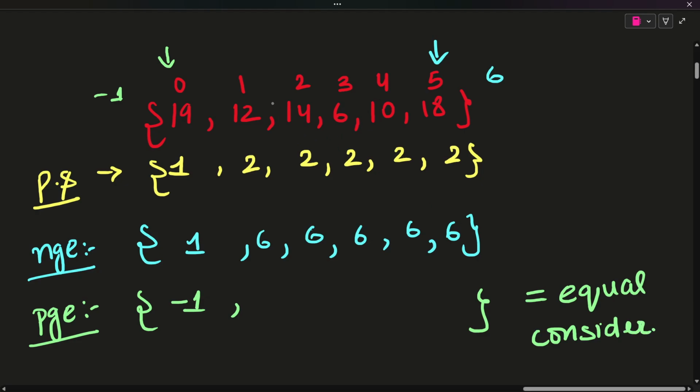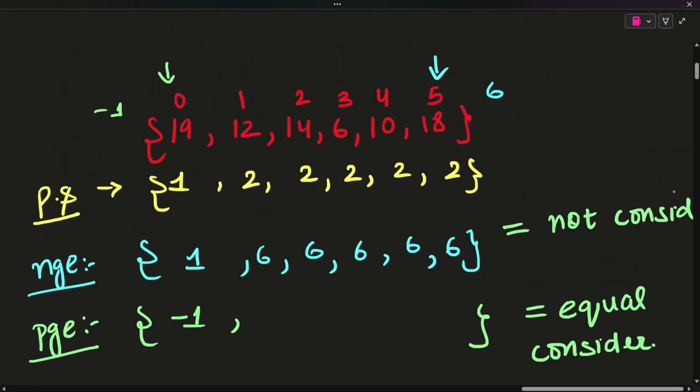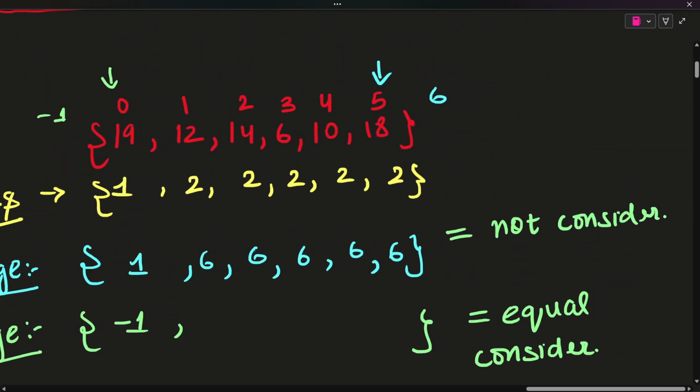Here, see, why do we not consider equal in one and consider it in the other? Here we are not considering the equal elements, right? Because for this we have taken 6, we didn't consider this too, but in this we are going to consider. Why?